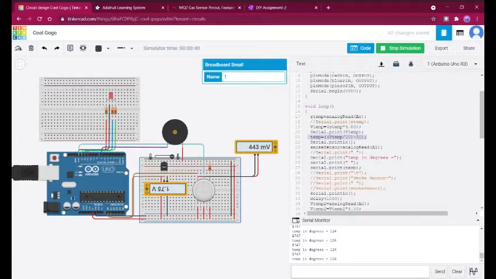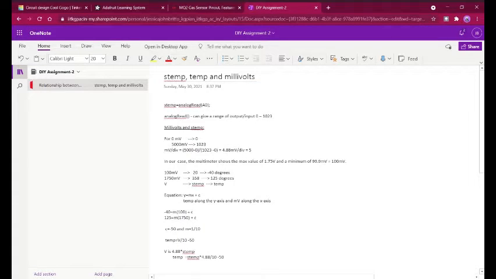Now I'm going to explain how I arrived at this equation, the relation between temp and stemp. I have assigned stemp to store the values read from the pin A0, and we know analog read can give a range of input from 0 to 1023.